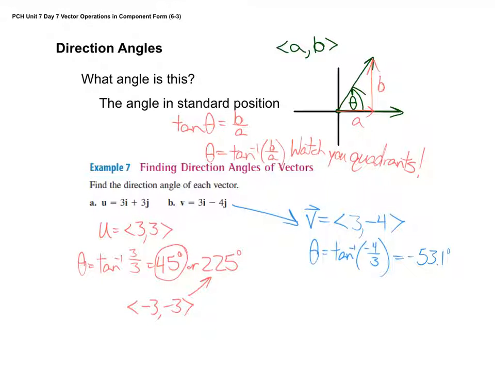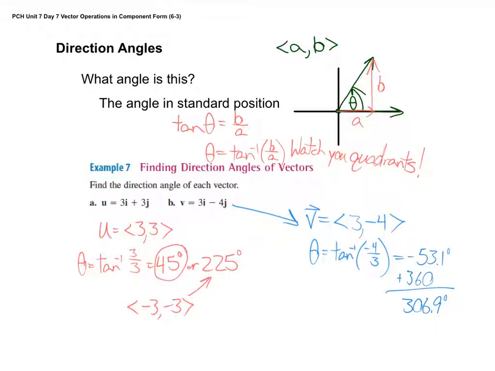Now, to give this as a positive angle in standard position, we would do what? Add 360. To get a positive coterminal angle, and that gives us 306.9 degrees. Now, if this were the vector negative 3, positive 4, I would have wanted the angle in the second quadrant.